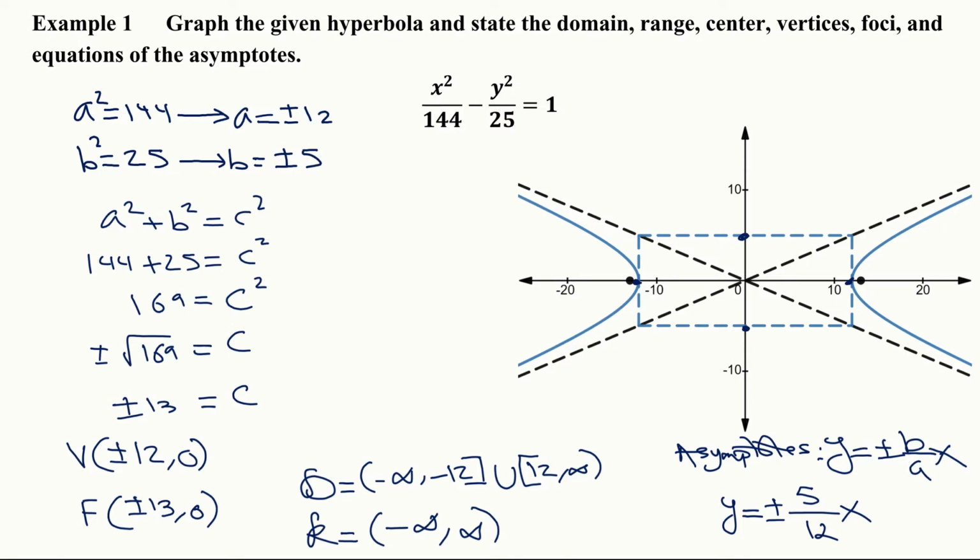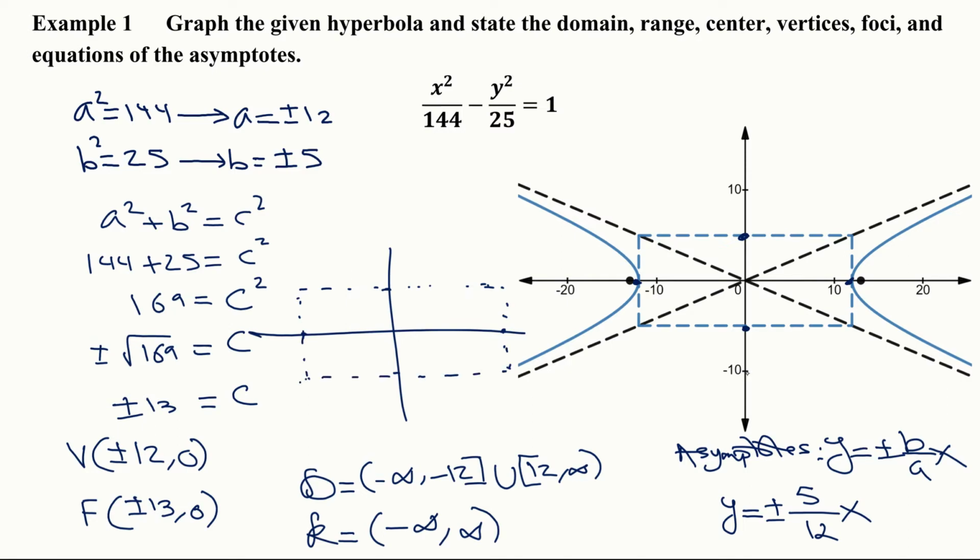And that's how you basically graph a hyperbola. If you were doing it by hand, you would draw your axes, locate your four main points, the 12, negative 12, 5, negative 5, and form your rectangle just like that.